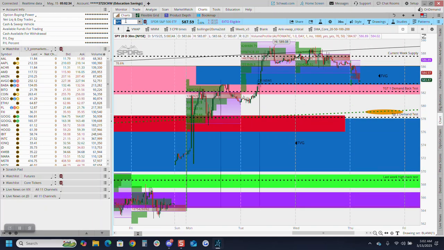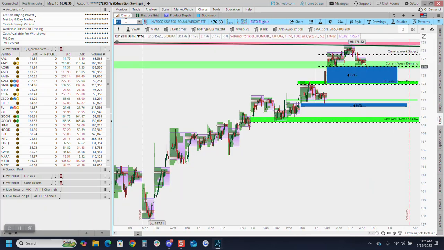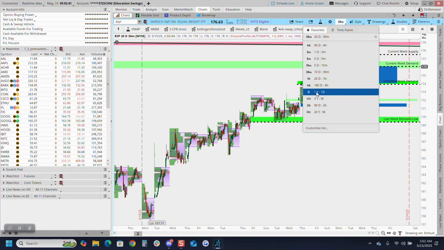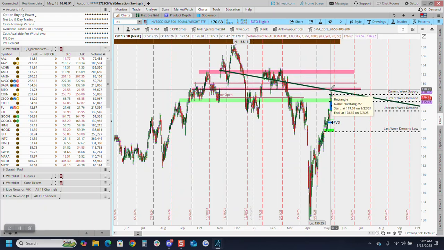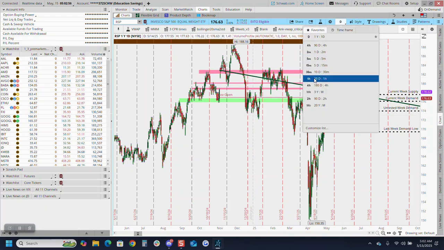Okay, and RSP, guys. So let me go here in the daily real quick. I'm going to show you this chart. This is the regression trend from these highs. And bottom line is we came right up into that regression trend and immediately rejected on the equal weight S&P 500.